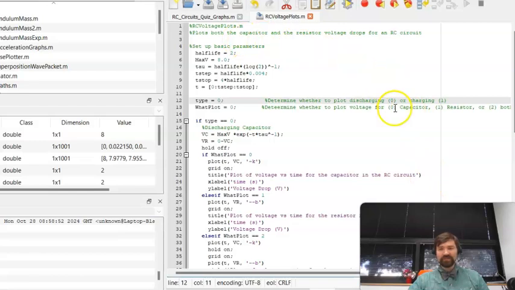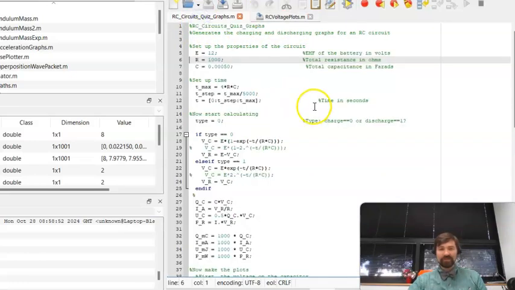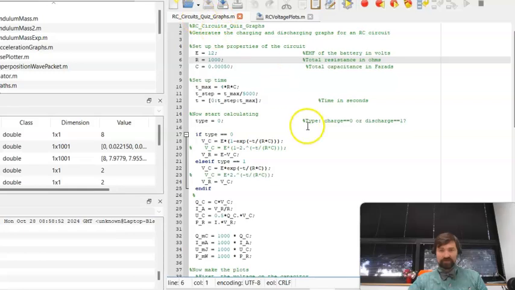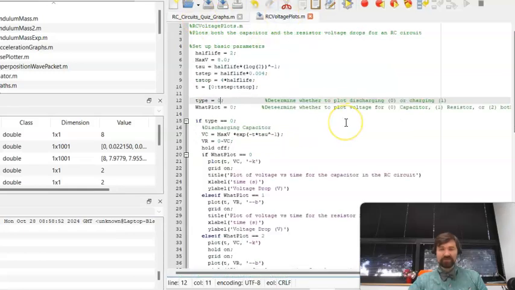It's a very slightly different program, well, same program, but a slightly different set of code than what I used on the last one. The last one, I used this RC circuits quiz graphs. Today I'm using RC voltage plots, which just simply plots voltages.